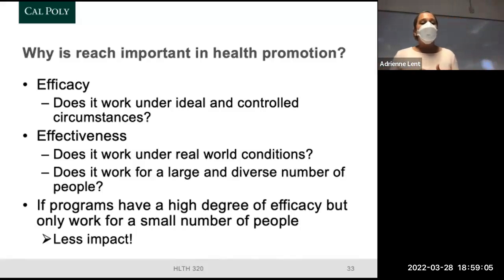Does it work for a large and diverse number of people? And so if a program has a high degree of efficacy, but it only works for a small number of people, it's going to have a lower impact, right? So ideally, we want programs that are effective and they reach a large number of people to have the biggest impacts.